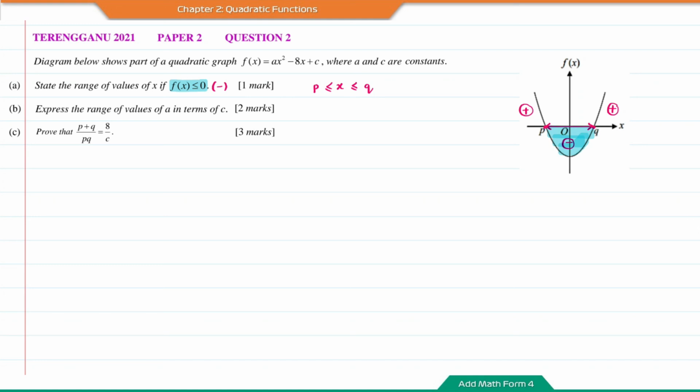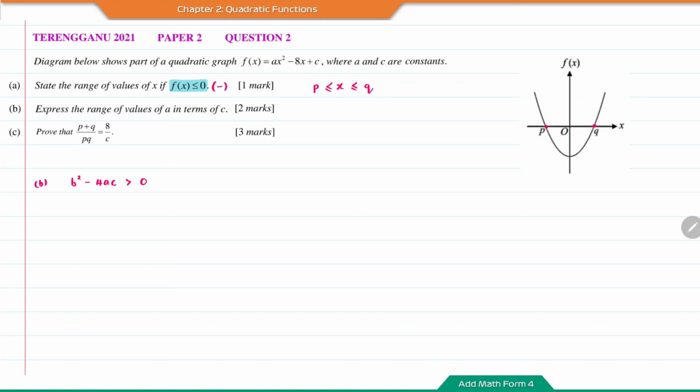Question B. Express the range of the value of a in terms of c. So from the graph given here, this quadratic graph has two different real roots, as the roots are P and Q. Therefore, for question B, the discriminant for this quadratic function will be greater than 0.